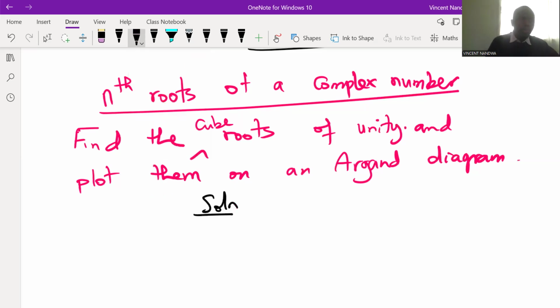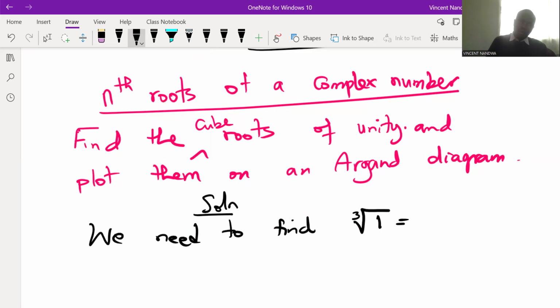solution, we need to find the cube root of 1, which is the same thing as saying 1 raised to power 1 over 3.